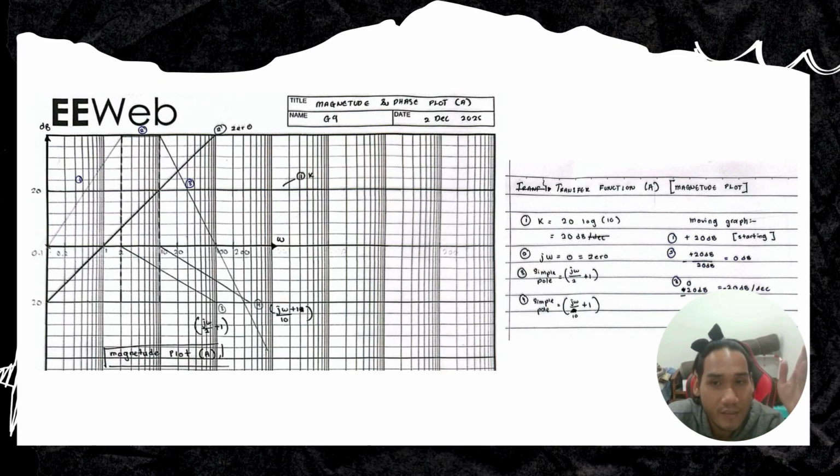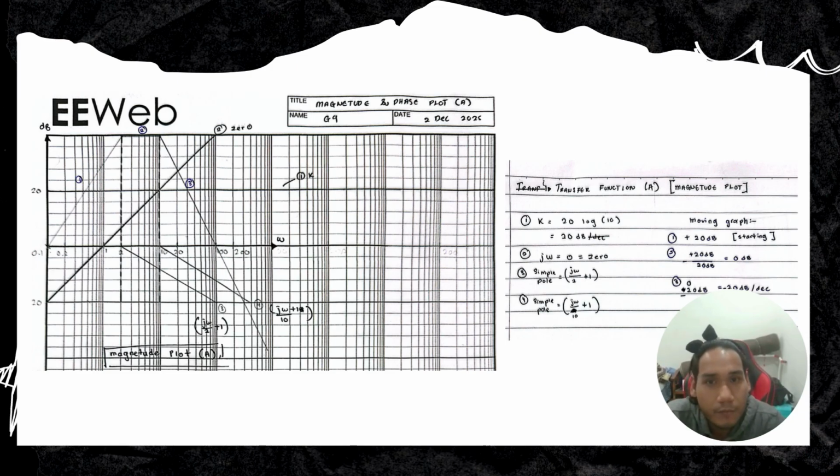For the second region, we subtract 20 dB per decade, so it will be 0 dB, flat. After that, the second pole has minus 20 dB per decade, so it drops at high frequency until the end. So that is our slope.